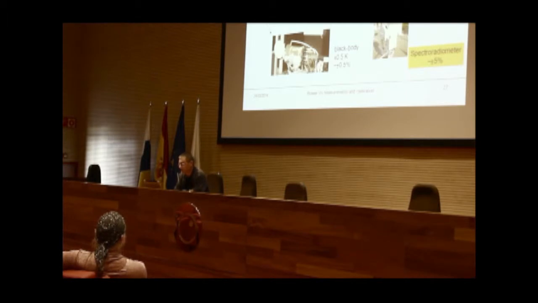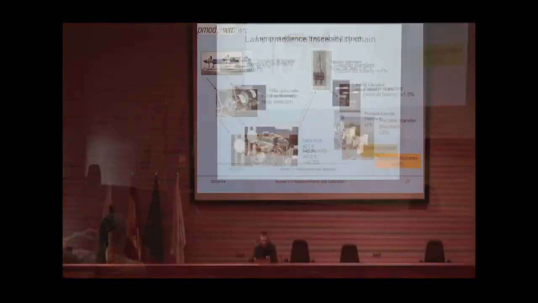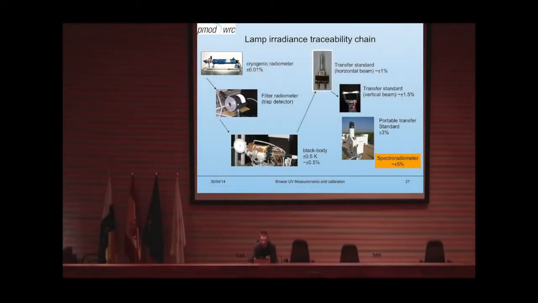Now for us in the Brewer world, we have the problem that the lamps that you get from these national metrology institutes are measured in a horizontal orientation. And the Brewer, which is always looking up to the vertical, will also need to have a lamp that is operated that way.